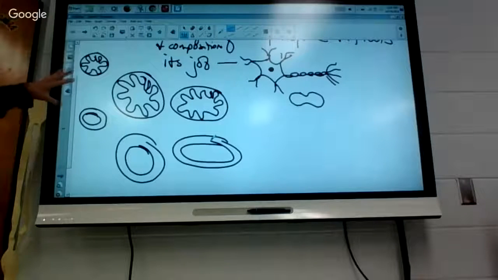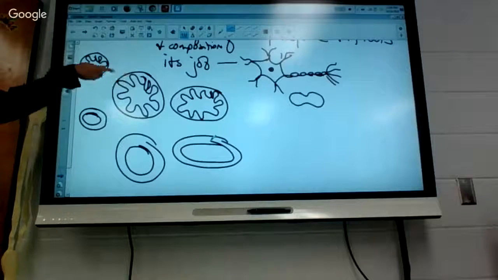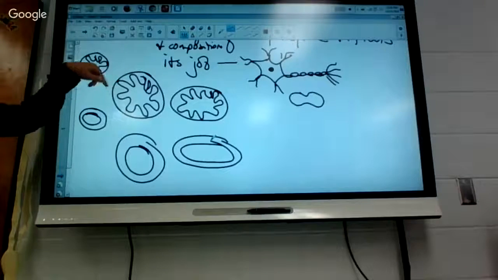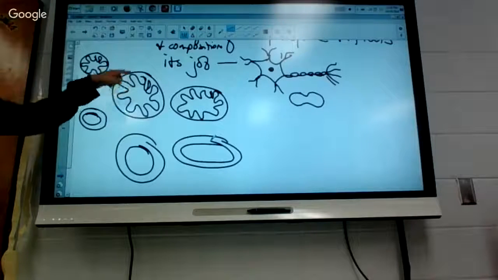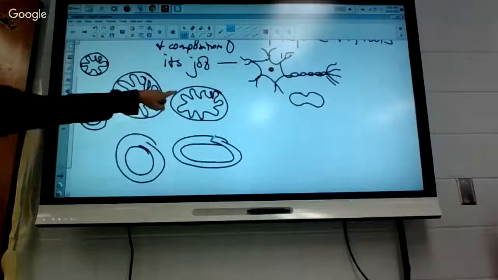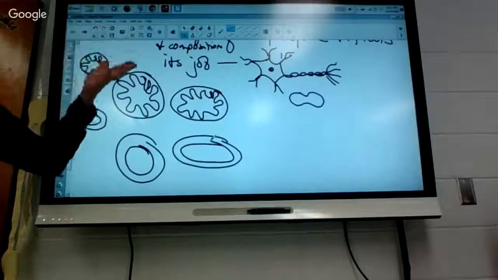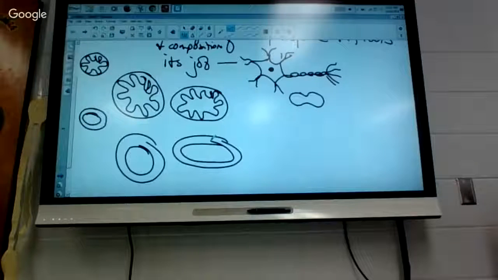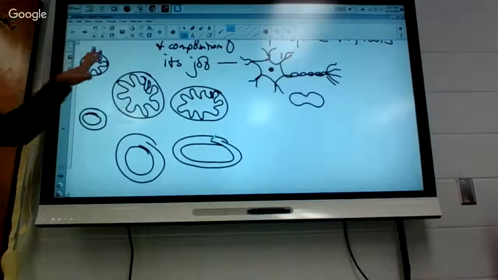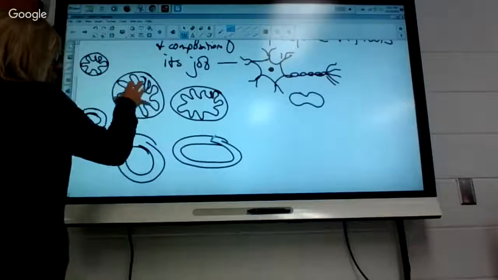So this is an example of structure and function: an increase in surface area. If I can increase all the surface space, I can digest more food at one time. I can make more ATP at one time. So that's an example of structure and function with the increase of surface area. Now it so happens that this is important.